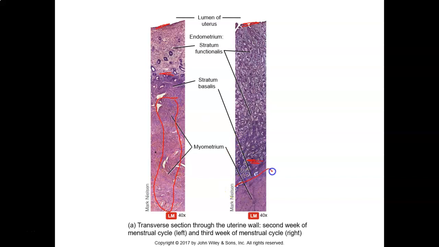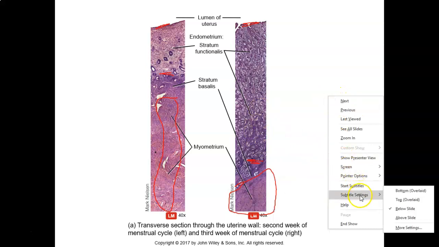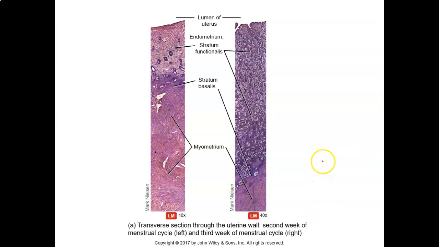You can see that down here, very isolated, or much smaller comparatively. And that's because the wall of the uterus is predominantly made up of the stratum functionalis. And this image on the right, that's right around 3-ish or so weeks as far as the menstrual cycle.